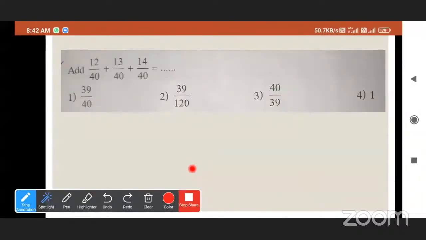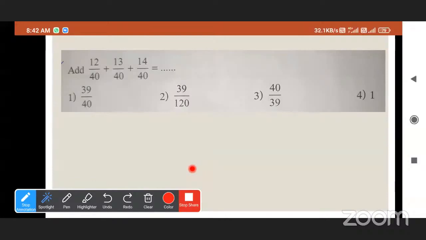We will see one example. You have to do it and tell me the answer. What do we have to do in this? We have to make the same denominator. Is this like fractions or unlike fractions? Like fractions. Why?